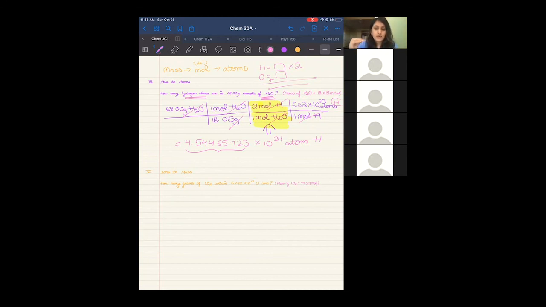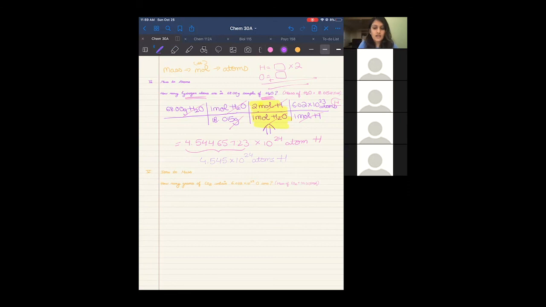Since 6 is bigger than 5, we are going to put the answer as 4.545 multiplied by 10 to the power of 24 atoms of hydrogen. Does anybody have any questions about this question? This was a little different from the other ones we have been doing. So we're just going to put 4.545 multiplied by 10 to the power 24 atoms of hydrogen.